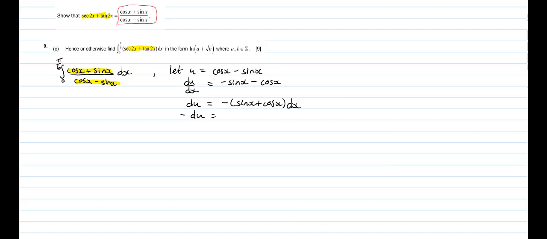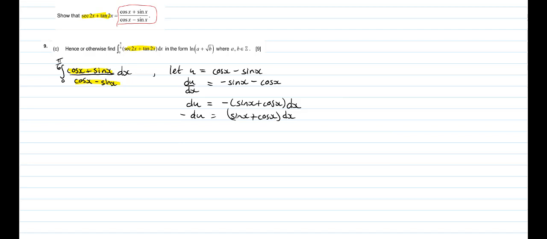So if we let u equal cos x minus sin x, then du by dx is equal to negative sin x minus cos x, and therefore our du is equal to negative sin x plus cos x dx, and so negative du is equal to sin x plus cos x dx.